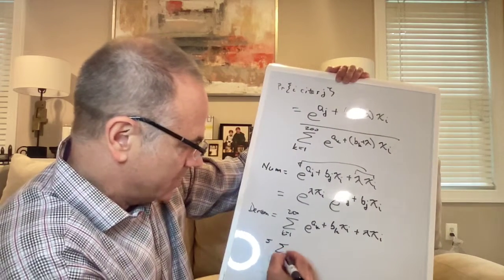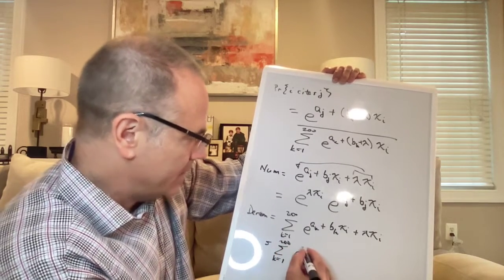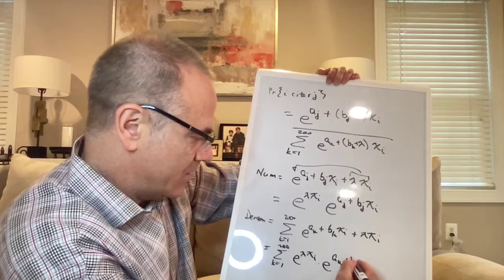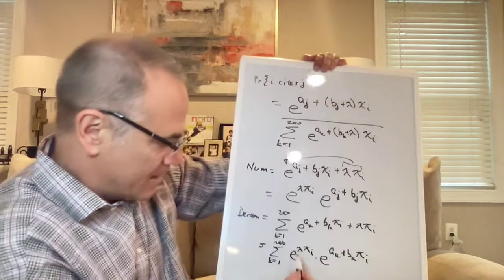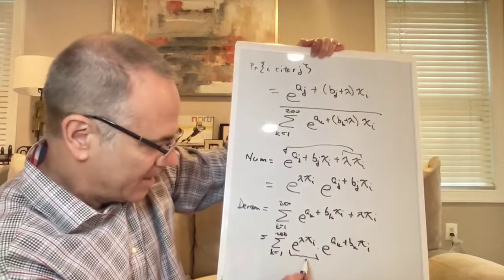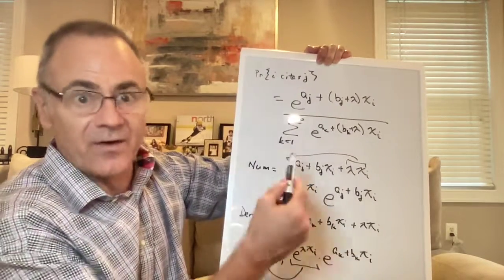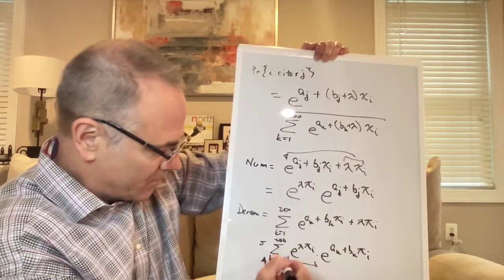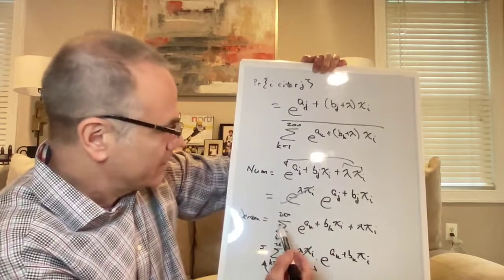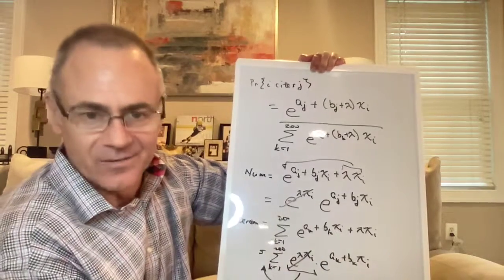So that equals summation k equals 1 to 200 e to the lambda xi times e to the a sub k plus b sub k xi. So now this term does not depend on k, so we can move it outside the summation sign. And so when we divide numerator by denominator, this term and this term are going to cancel. They're the same thing. Okay, and so you're going to get, that's the numerator, that's the denominator, exactly what you had before.